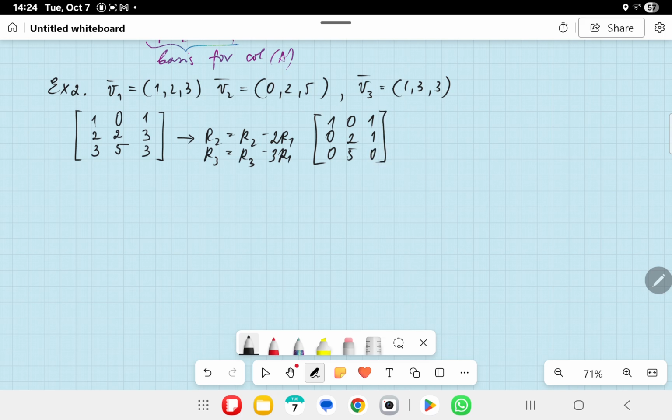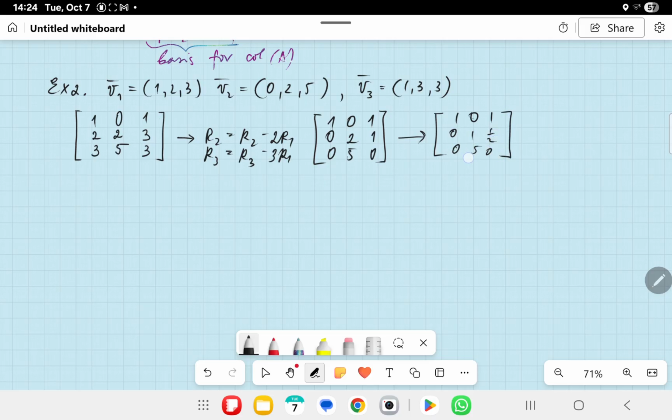Okay. And so I kind of modified my first column. I'm going to start working with my second one. Well, I'm going to turn this into 1 over here and have 1, 0, 1, 0, 1, 1 half, 0, 5, 0.